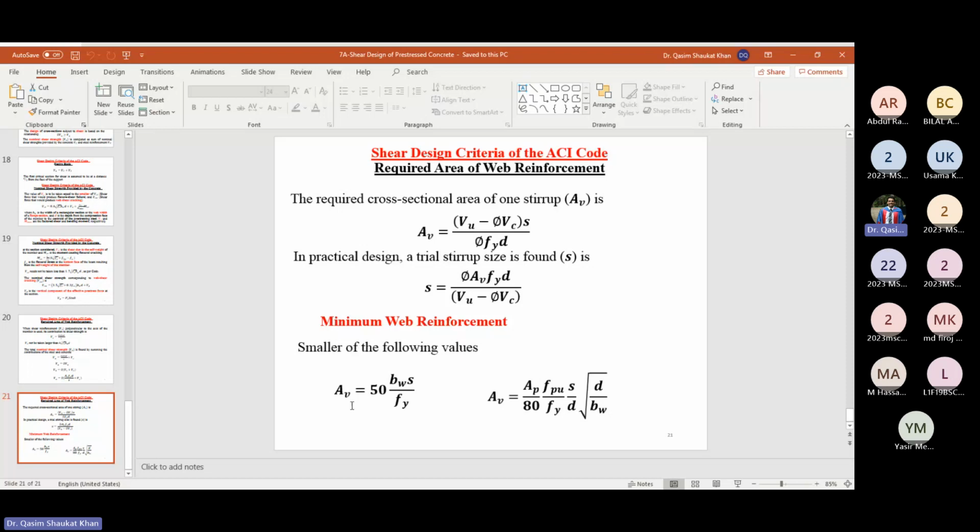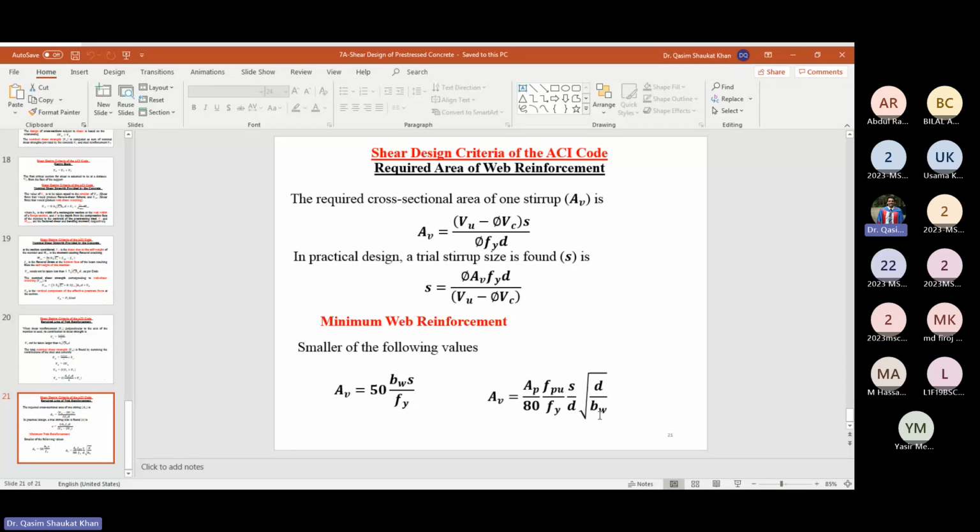Av, the area of the shear reinforcement, should be equal to 50 times bw into s over fy. bw is the width of the web, s is the spacing of the stirrups, fy is the yield strength. For the second, Aps is the area of pre-stress steel, fpu is the ultimate tensile strength, fy is the yield strength, s is the spacing, d is the effective depth, and bw is the width of the web.